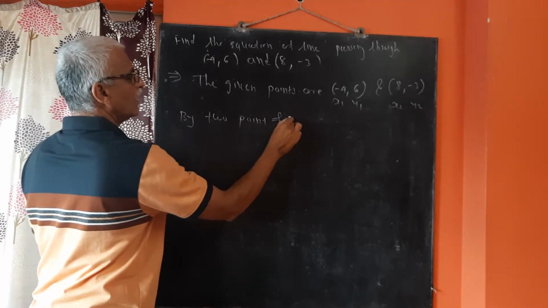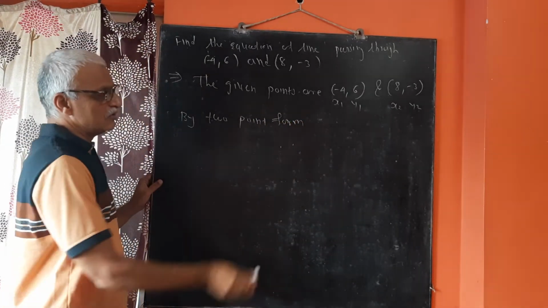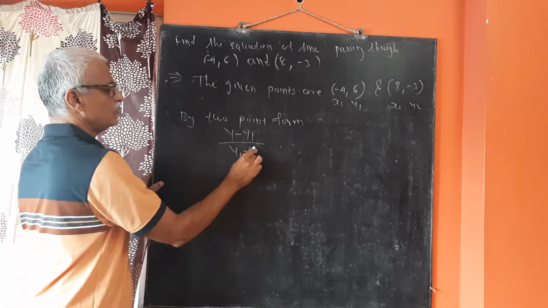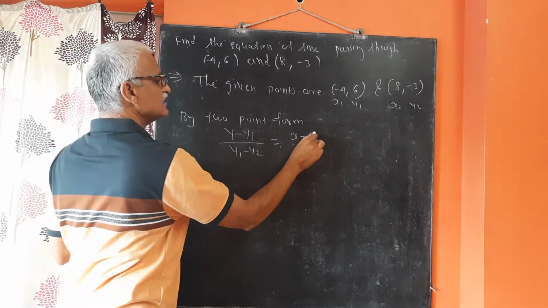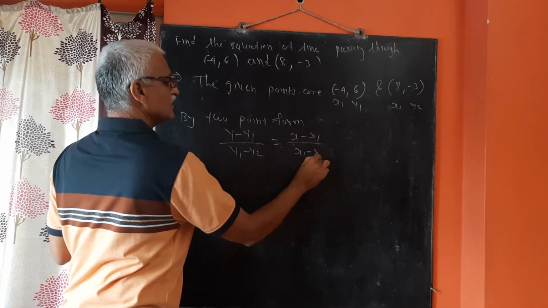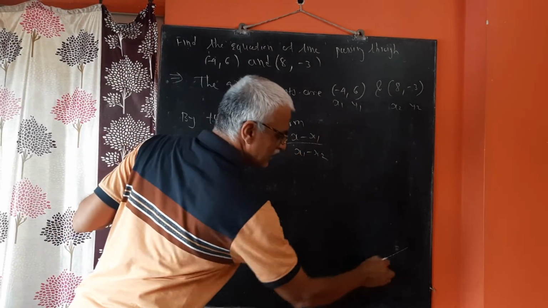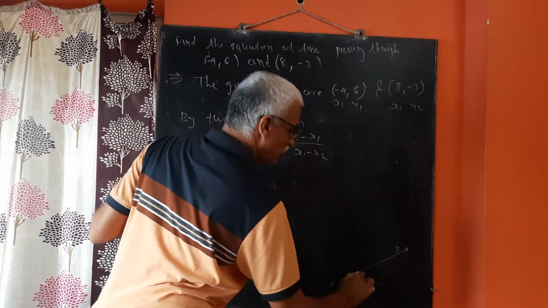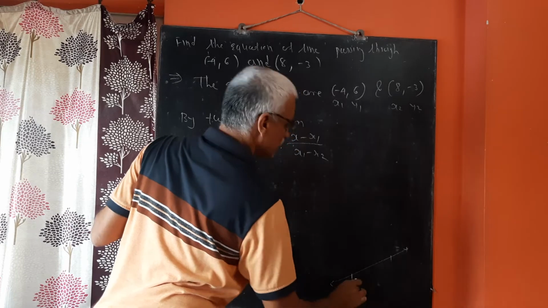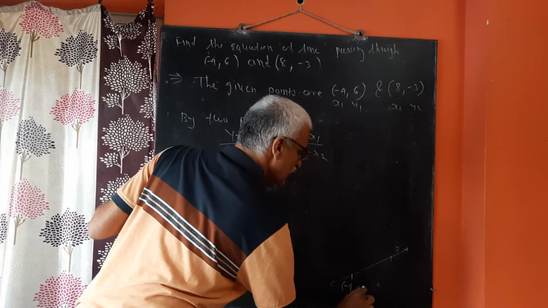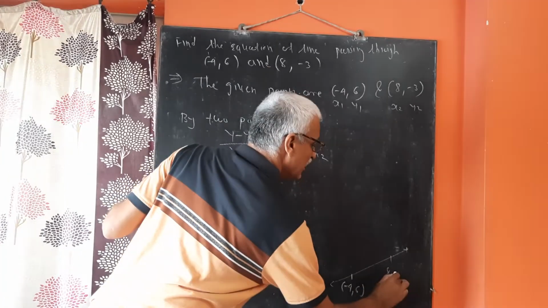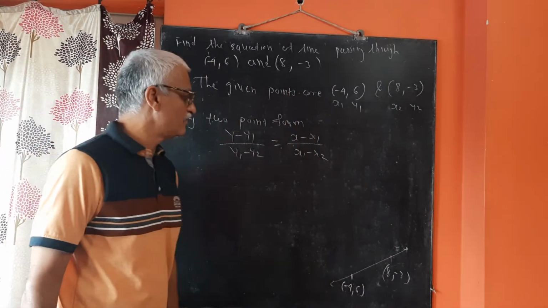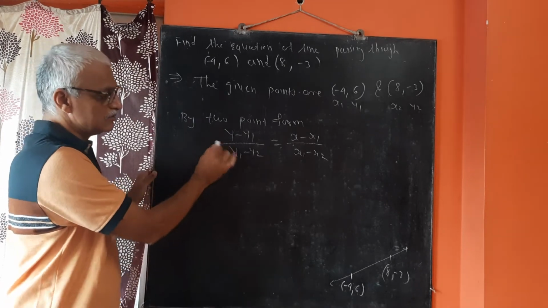First we put the 2-point form, that is (y − y1)/(y1 − y2) = (x − x1)/(x1 − x2). Again, this is the straight line, and on this line there are 2 points given. The first one is (−4, 6), the second one is (8, −3). You have to determine the equation of this line. Just substitute the values.